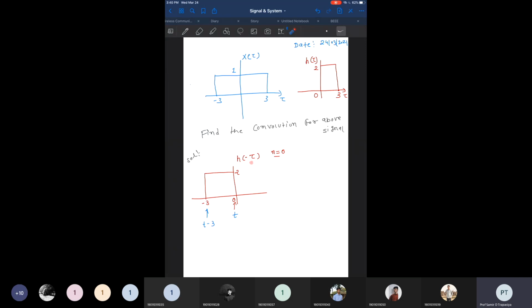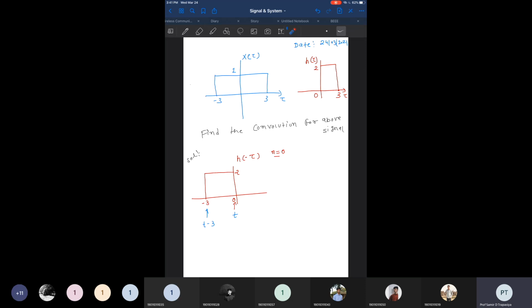So we need to shift this point to -3, because x of tau actually starts from -3. It means we are shifting the signal in the opposite direction. If we shift the signal to the right, then n is positive, but here we are shifting left, so the value of n is negative, by 3 points, because this point should start from -3. We want the overlapping to start from here.